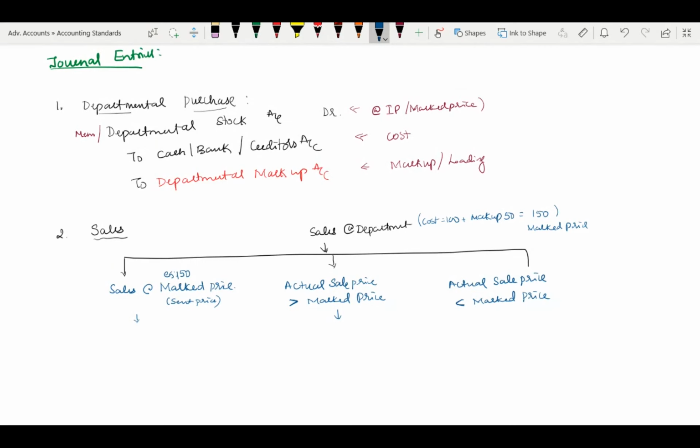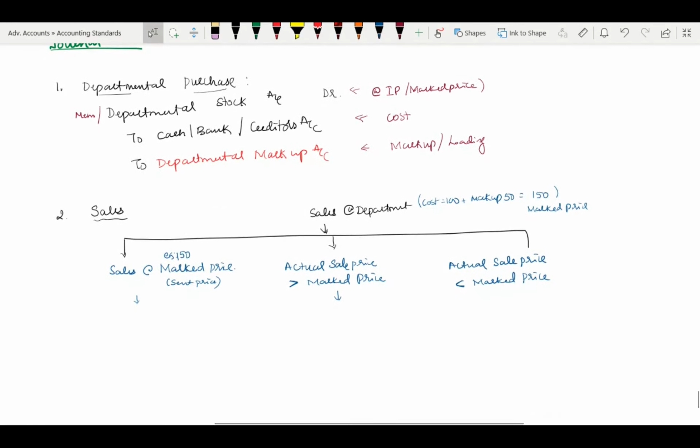Now, if he also sold the goods at the same 150, then it is called sales at market price. So whatever value I sent, at the same value if he sold, there is no additional profit or loss, plus or minus. Correct? At that price, markup in our case, market price is, for example, 150.